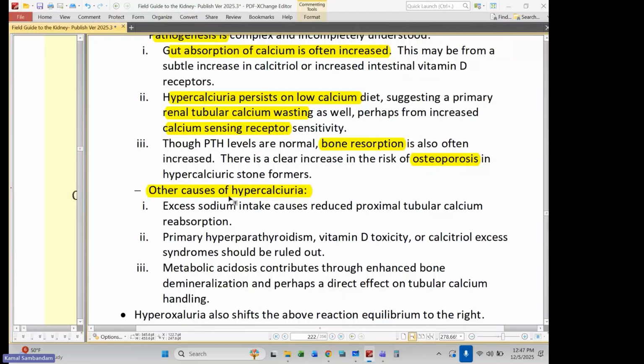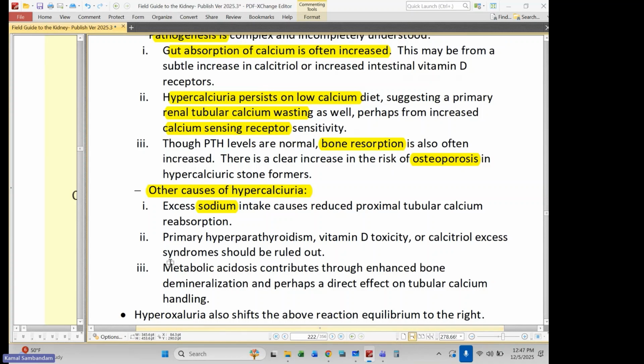Other causes of hypercalciuria we talked about. Sodium intake is a modifying factor for hypercalciuria through its propensity to volume expand the individual on a high calcium diet.